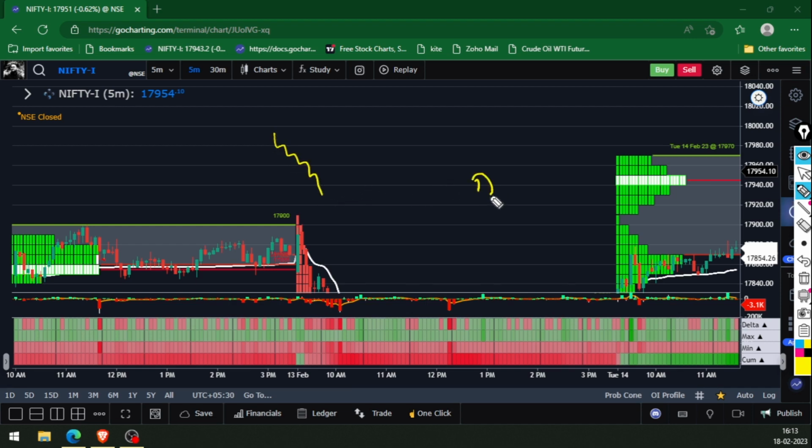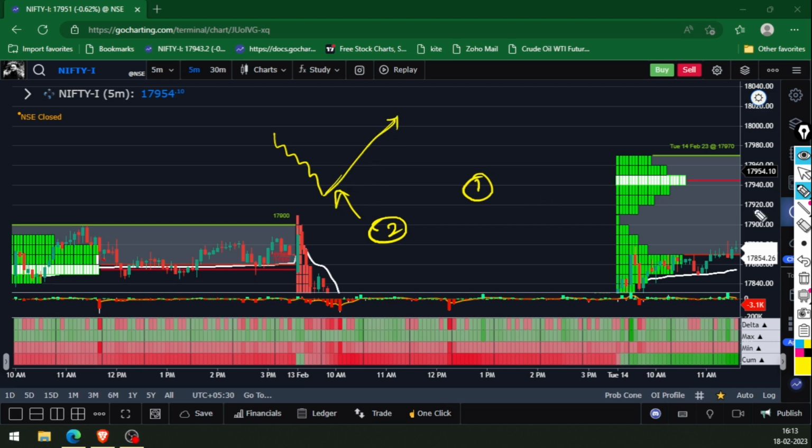This is the way buyers get an entry in the market, and they may bring this market to the upside. And the second scenario is when the buyers are aggressive, when the buyers are aggressively buying the stocks or any trades. That might be the second possibility of getting momentum in the market at the upside.